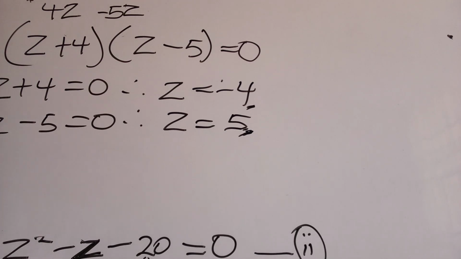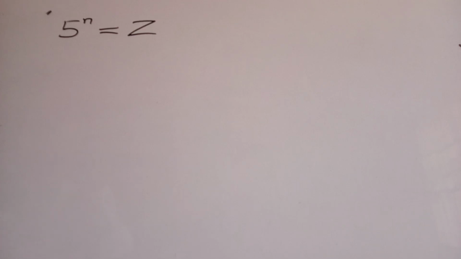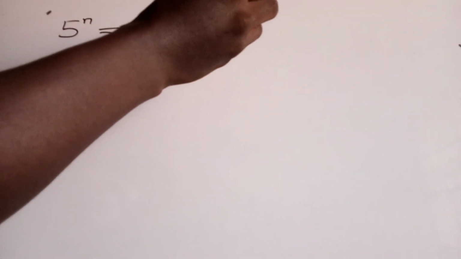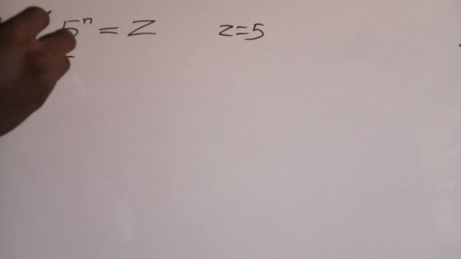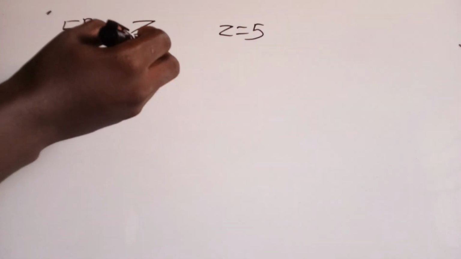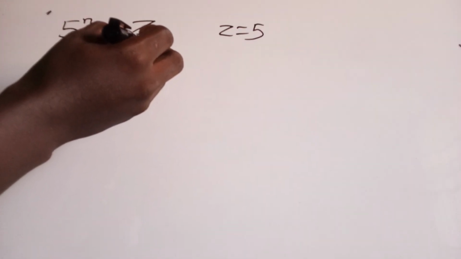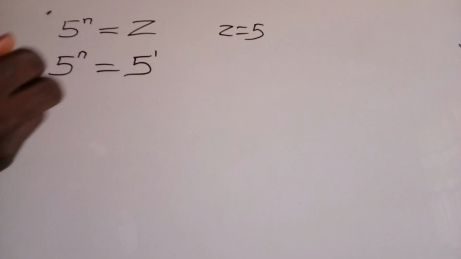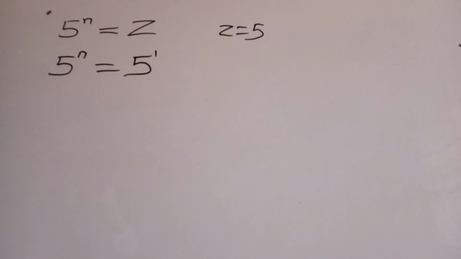Let me rub this off so we can have more space. So from the equation that says let 5 raised to power n equals z, since we're making use of the value z equals 5, 5 raised to power n equals 5. There's a figure here which is always 1, but it's not always visible because it is 1, so let's just put it there.